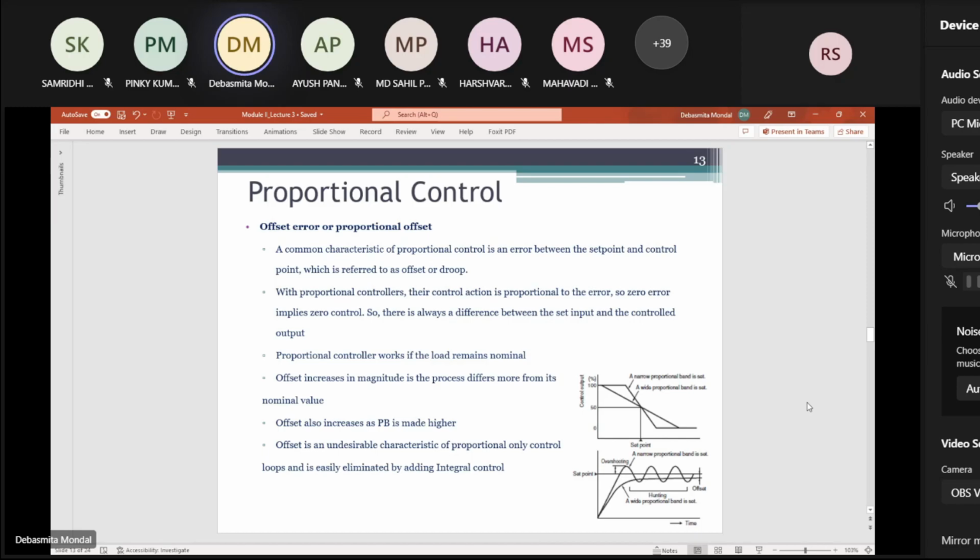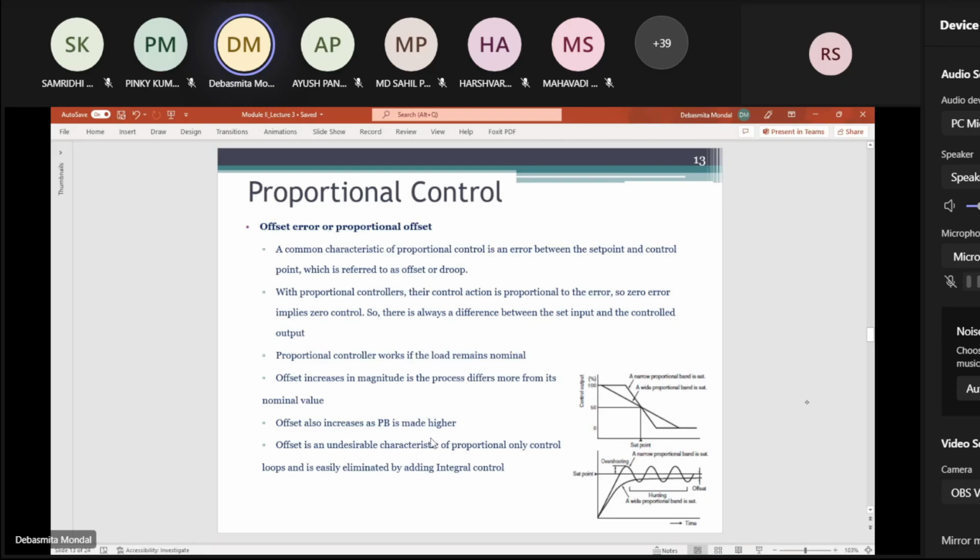But using a proportional control, there is some problem also. Usually when we use a proportional control, there is always an offset between the set point and the control action. Even at steady state, the control signal generated by the proportional action is not able to reach the set point.